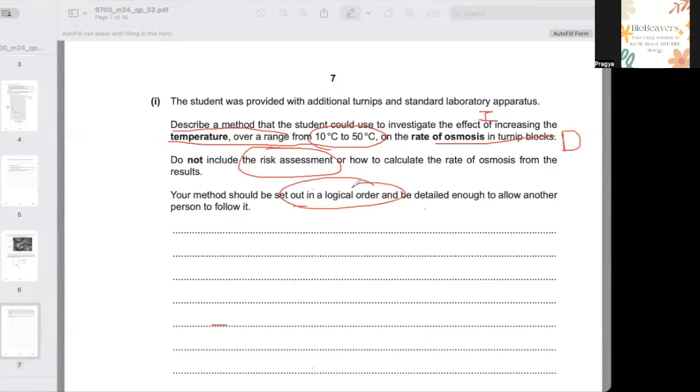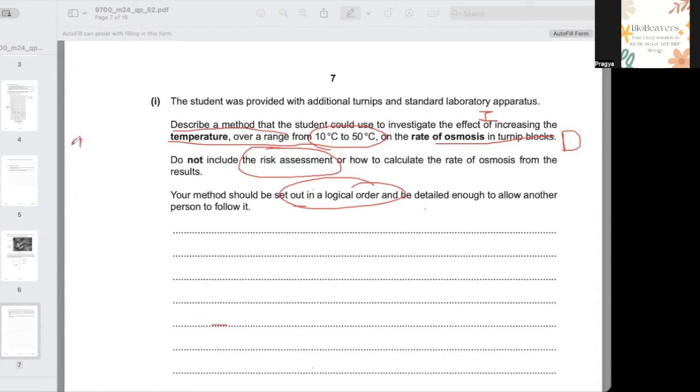Now coming back to how we are going to attempt this question. When we had the planning question, I had given you that there are always two fixed points for this 6 marker, 7 marker, whatever comes in.